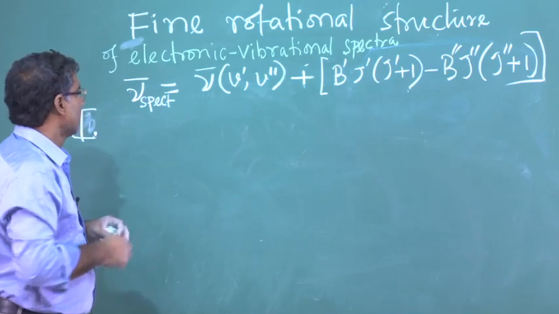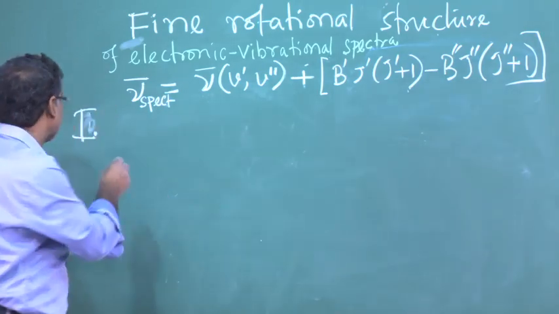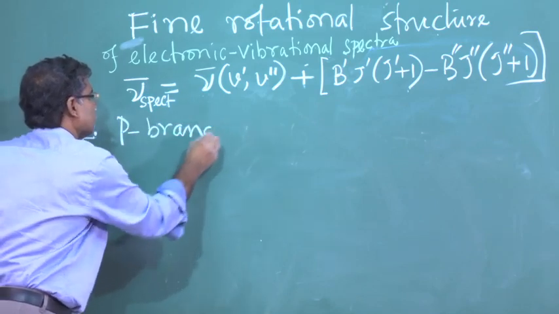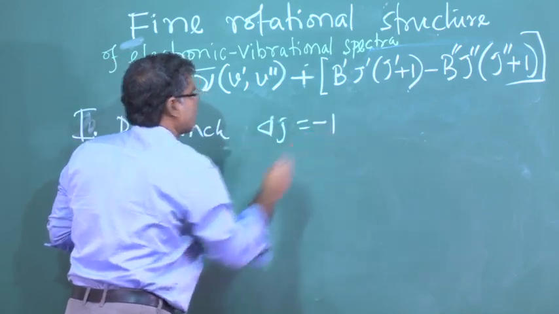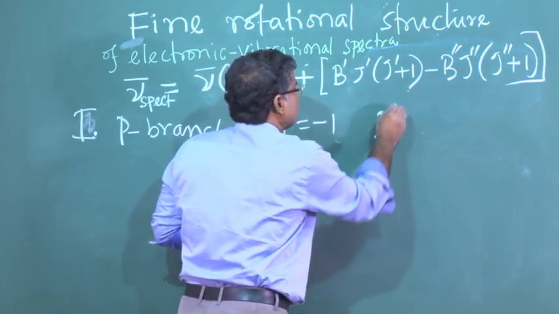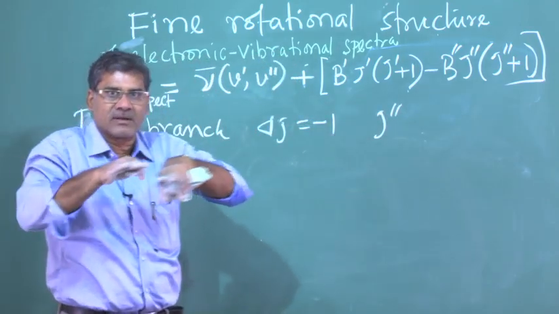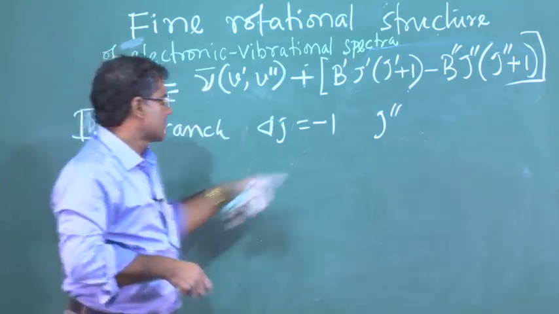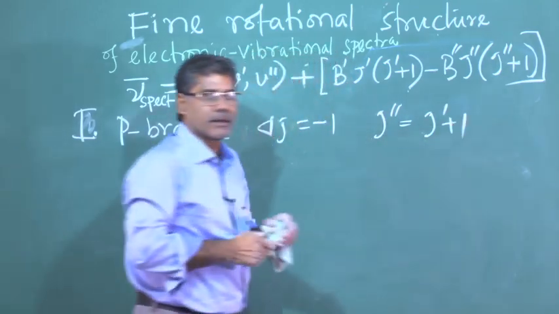For the P branch, del J equal to minus 1. That means J double dash, from the lower electronic state we have considered, and the upper electronic state is J dash. So, J double dash equal to J dash plus 1.